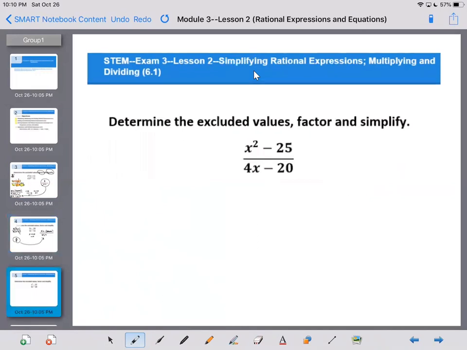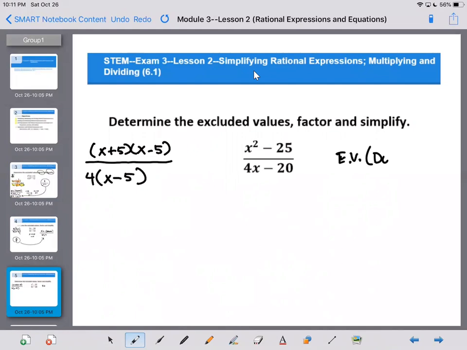The next one, we look at the numerator, and we're going to factor, so that'll be x plus 5, x minus 5. We know that because that's a difference of squares. We see the 4x minus 20, so we're going to factor out a 4 to give us x minus 5. Excluded values, which is part of your domain, is I'm seeing just x minus 5.